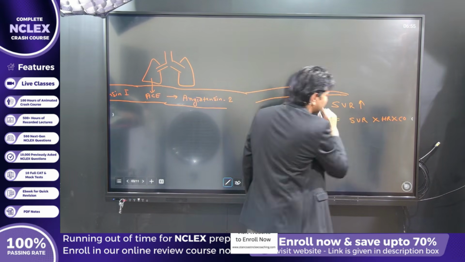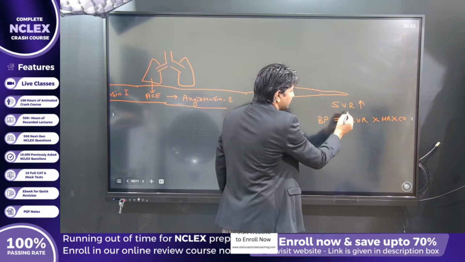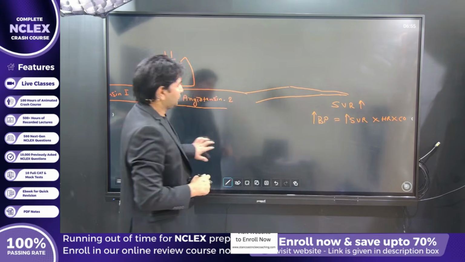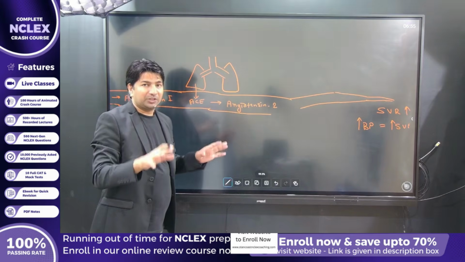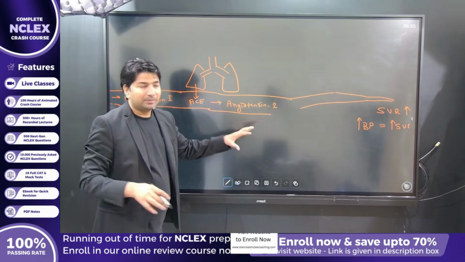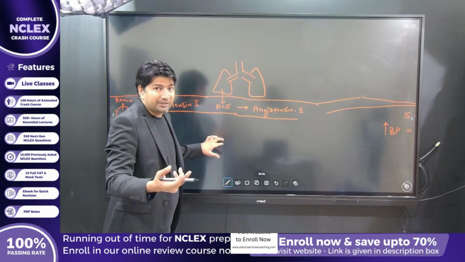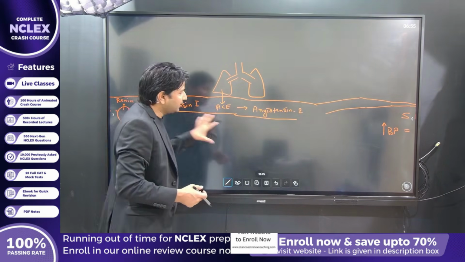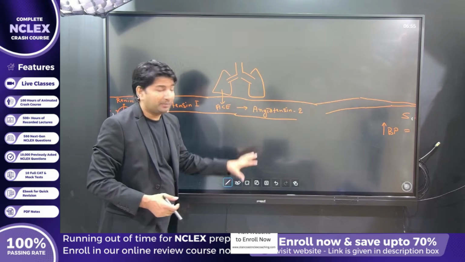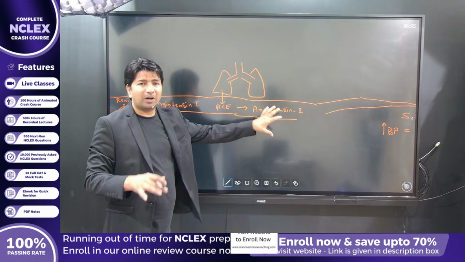If systemic vascular resistance increases, then the BP will increase. So we're talking about the normal condition here. Up to this point, we haven't given the ACE inhibitor to the patient. We'll discuss later how this RAAS system responds after administering any kind of ACE inhibitor drug, but for now we're discussing the normal RAAS system.